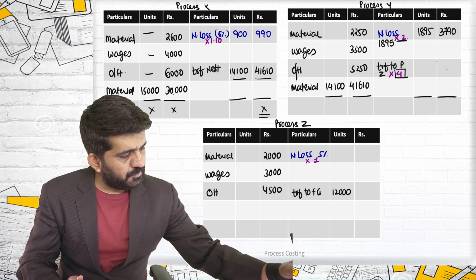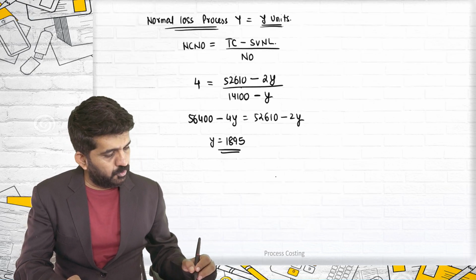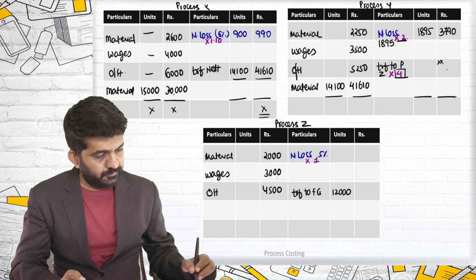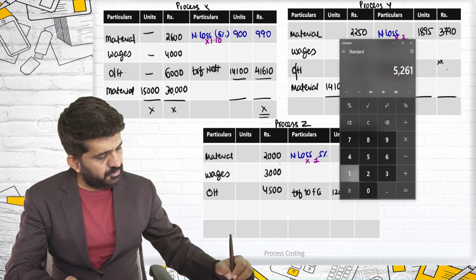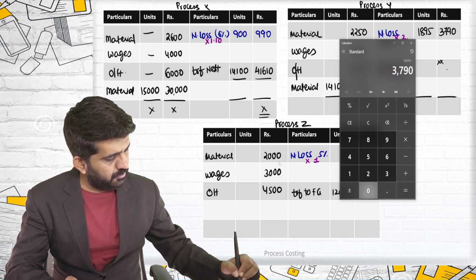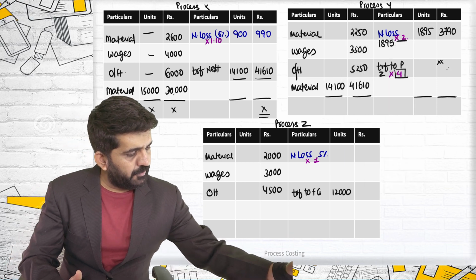What is the total cost? 52,610 minus scrap value 3790, which is equal to 48,820.